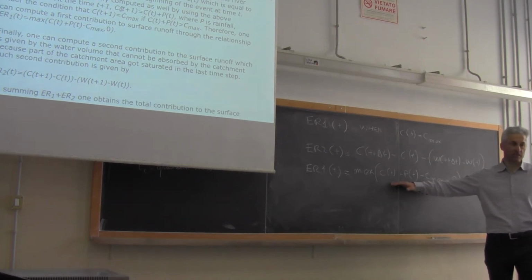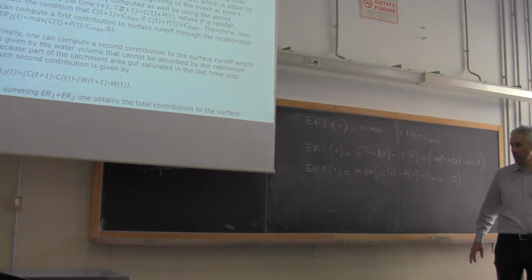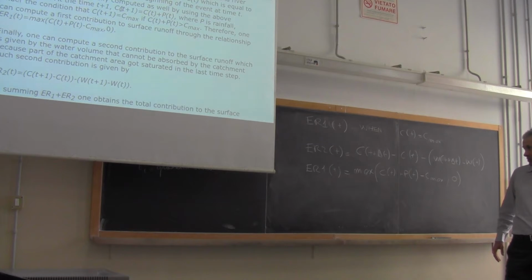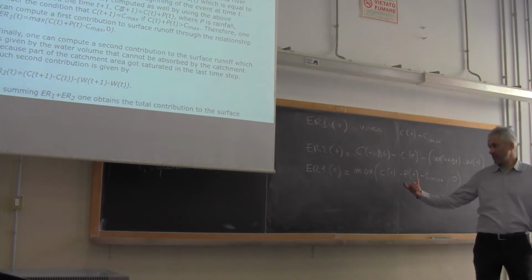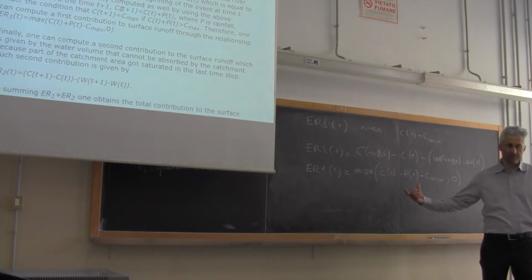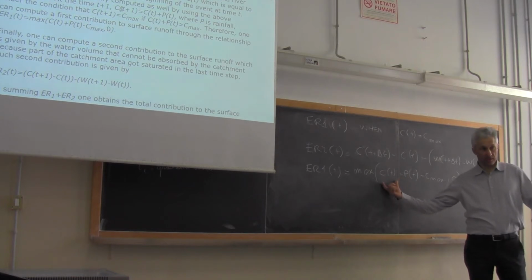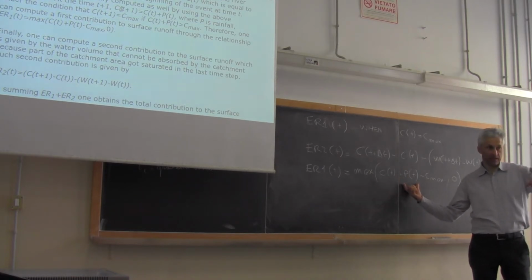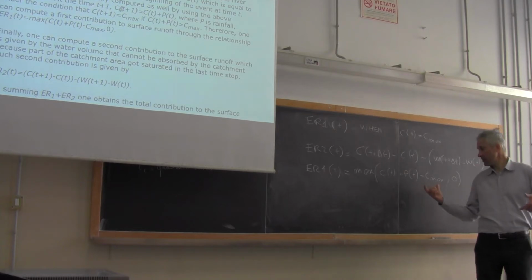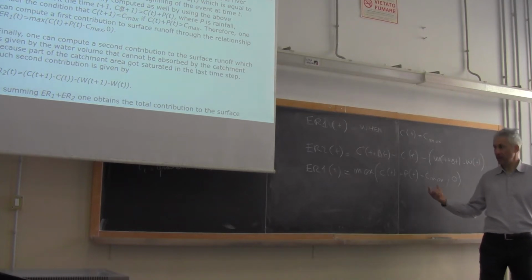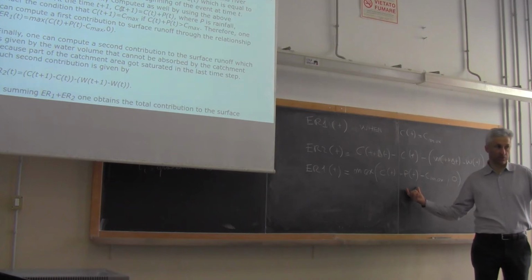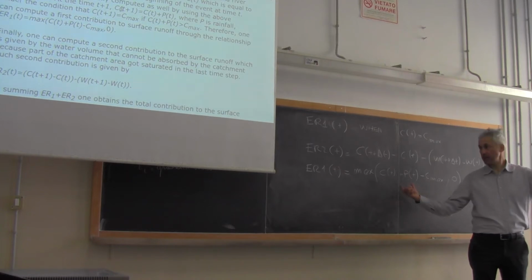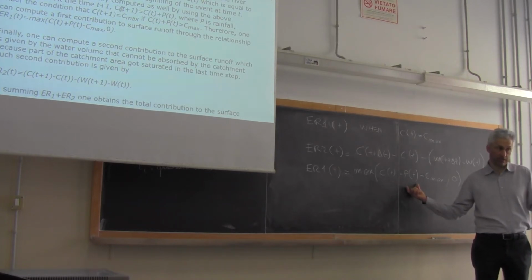This is something that is useful when we need to write an algorithm for computing the surface runoff. So what happens if at each time step we sum storage plus incremental rainfall minus Cmax? It may happen that storage plus incremental rainfall is greater than Cmax, which means that the catchment reached saturation, or it may happen that storage plus rainfall is lower than Cmax.